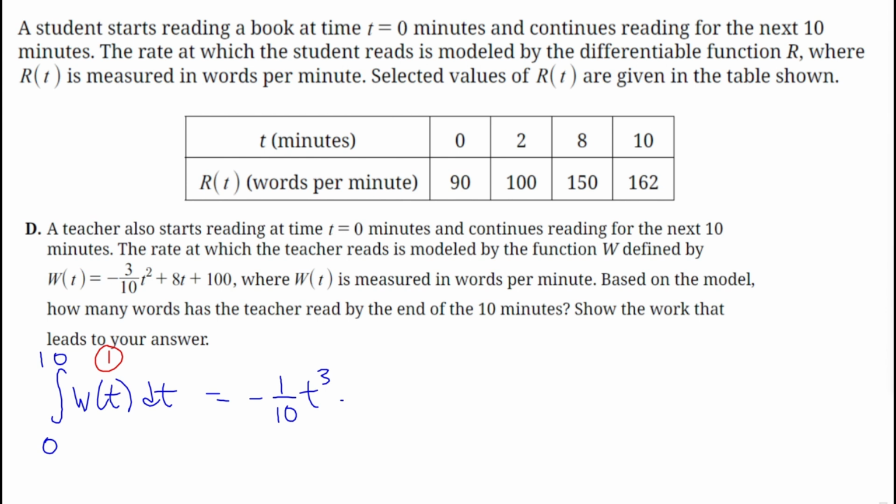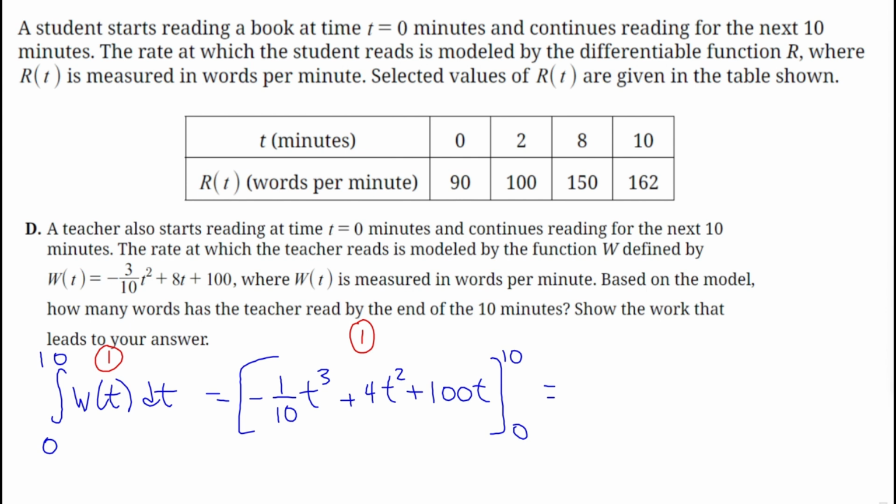The 8t will become plus 4t squared, and the 100 will become plus 100t. And we're going to evaluate that from 0 to 10. And you get a second point there for just correctly taking that antiderivative, -1/10 t cubed plus 4t squared plus 100t. And then we'll evaluate it from 0 to 10.